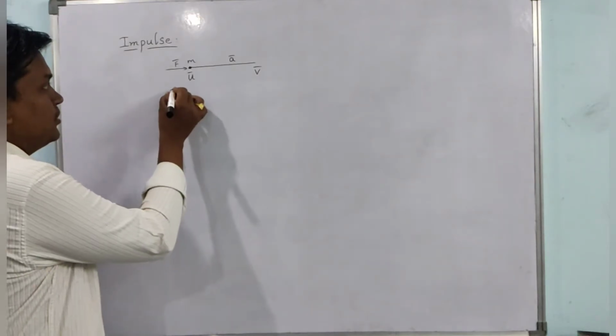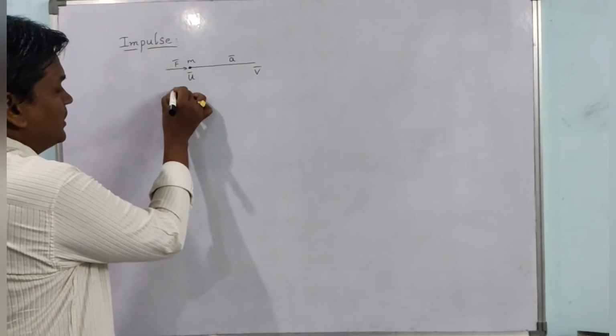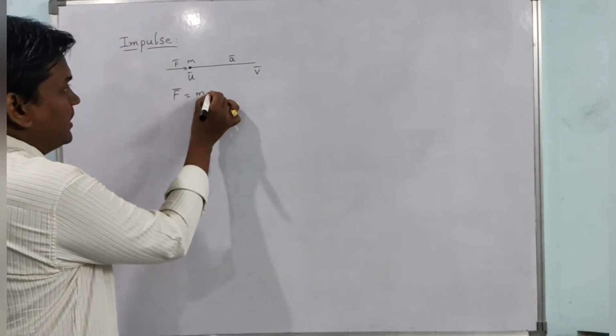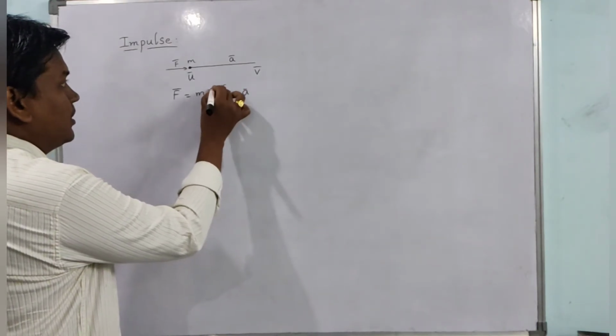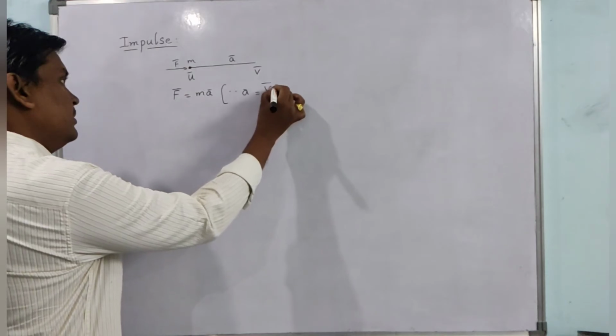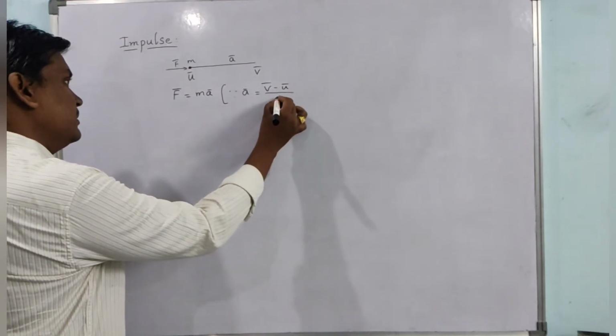According to Newton's second law of motion, we know that F equals ma, and also we know that acceleration a equals (v minus u) by t.